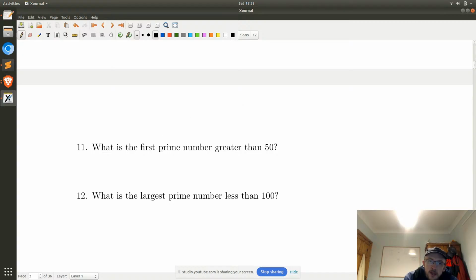What is the first prime number greater than 50? And I say it's 53.